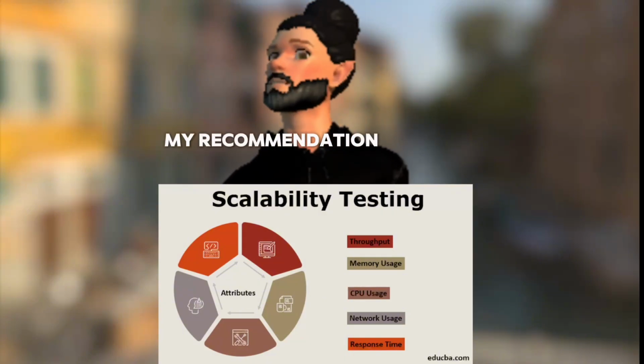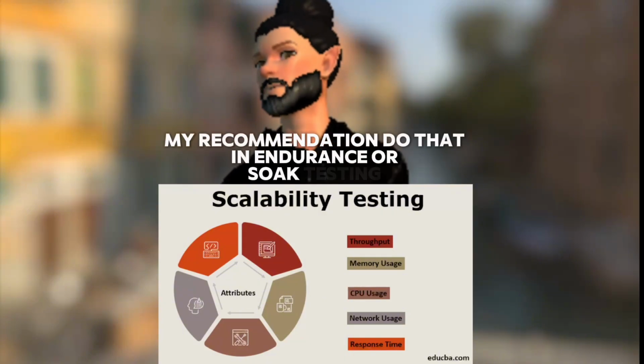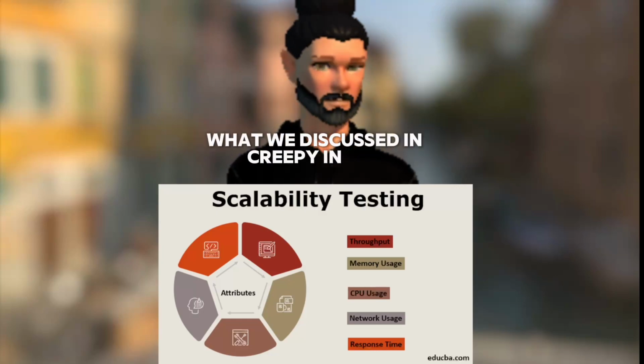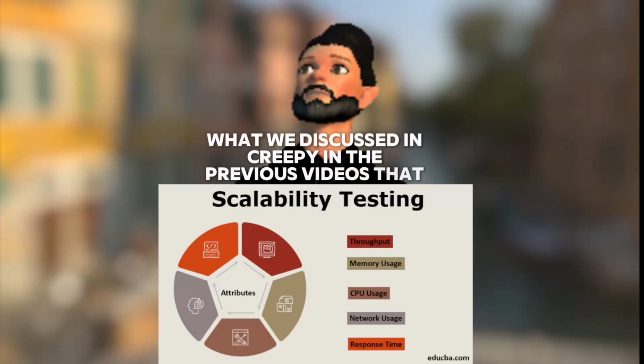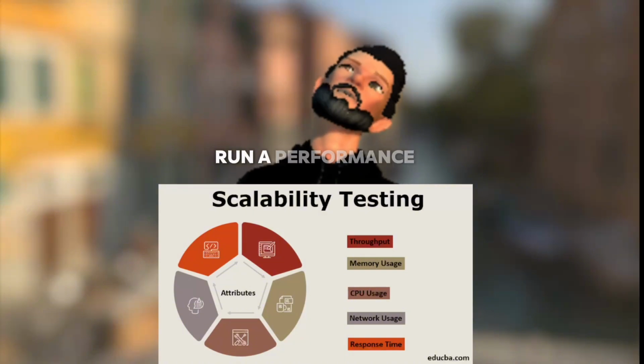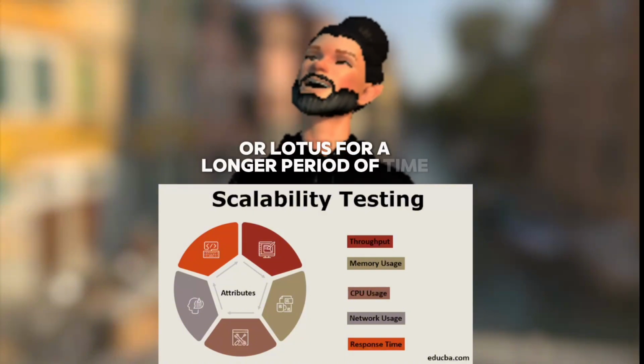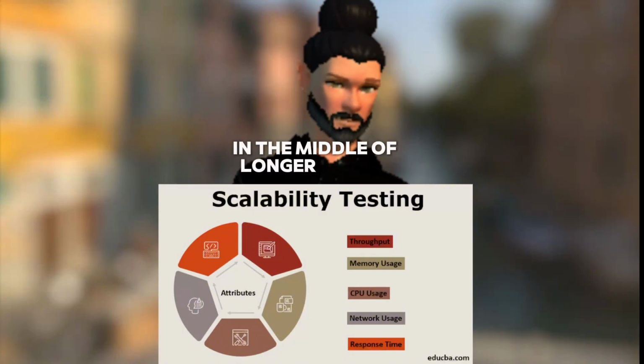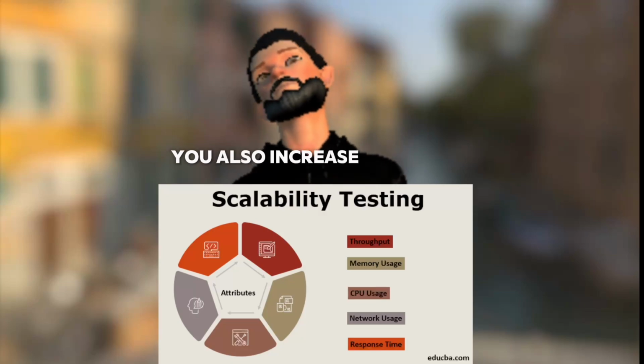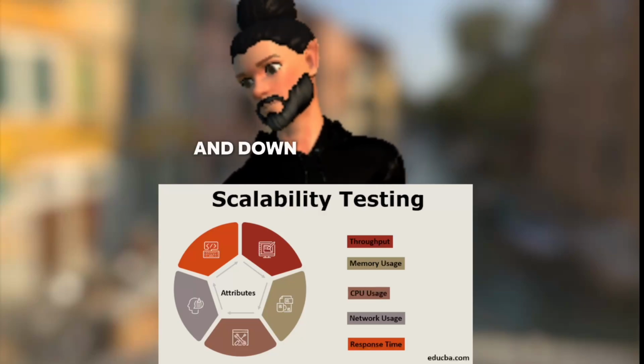My recommendation is to do that in endurance or soak testing, which we discussed in the previous videos, where you run a performance or load test for a longer period of time. In the middle of that period, you also increase and decrease your size.